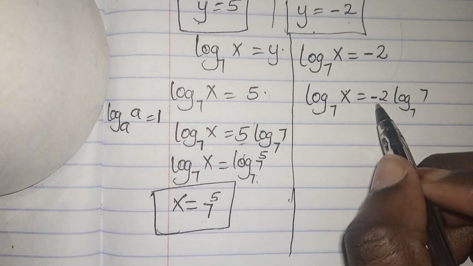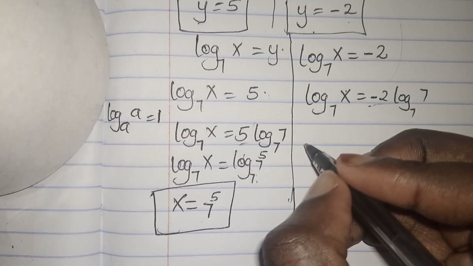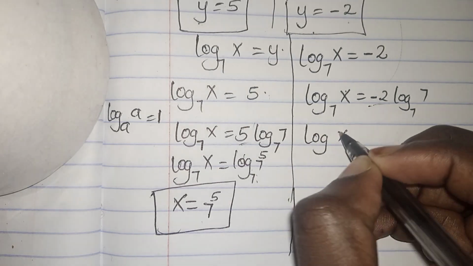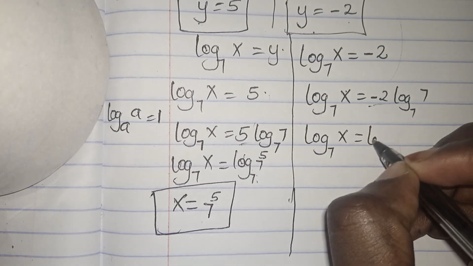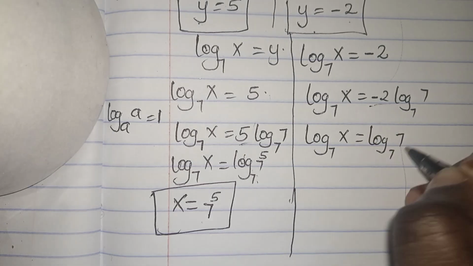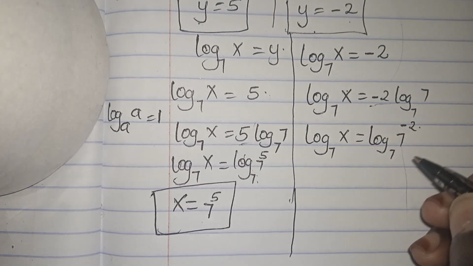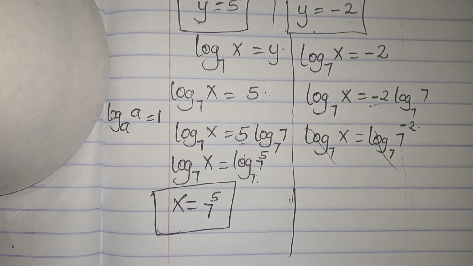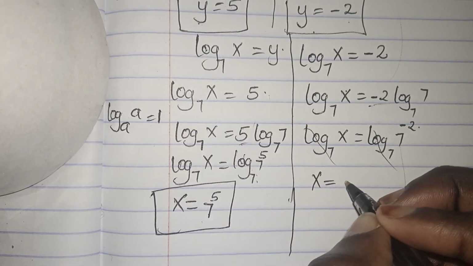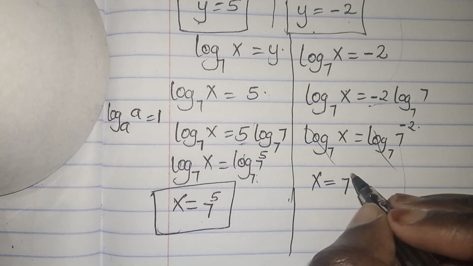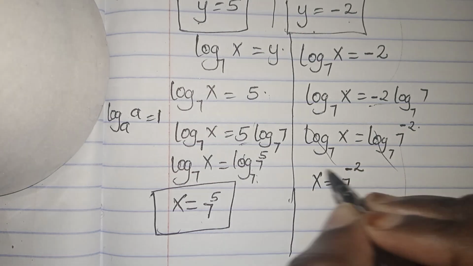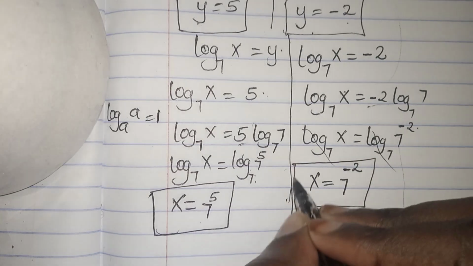So our next step, we can make negative 2 our power here. Log x base 7 equals log 7 to the power of negative 2, base 7. So this and this will cancel. So x equals 7 to the power of negative 2. So this is our second value of x.